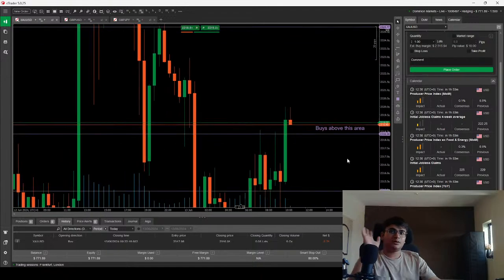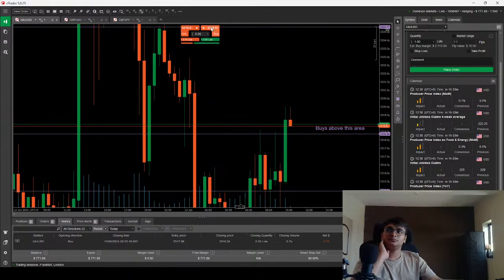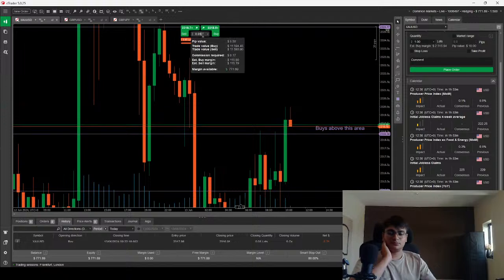Okay, now here's the deal. If this candle flips bullish again, we are executing the buys with a 0.10.